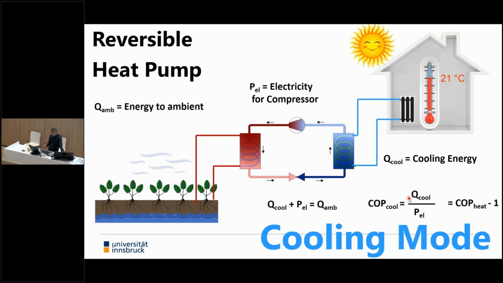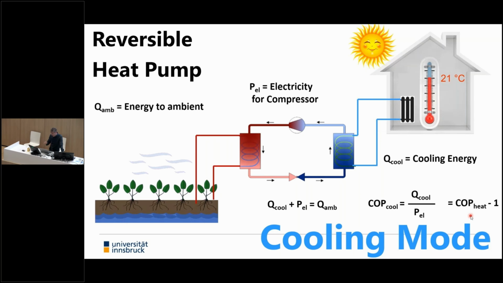Unfortunately, this is lower than the COP of heating. It's COP of heating minus 1. So just out of these simple calculations, you can end up with this term COP minus 1. Unfortunately, not so efficient for cooling as for heating, but still good efficiency.